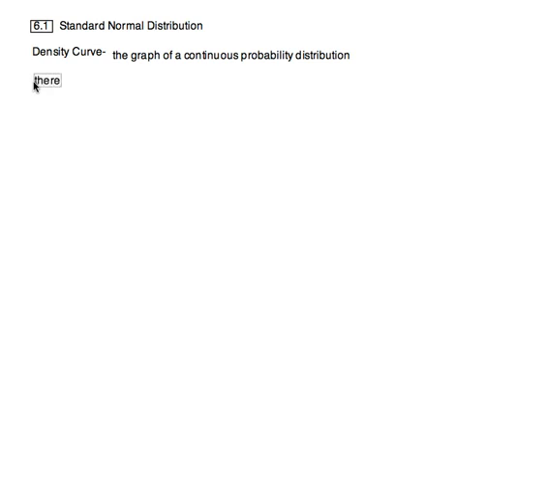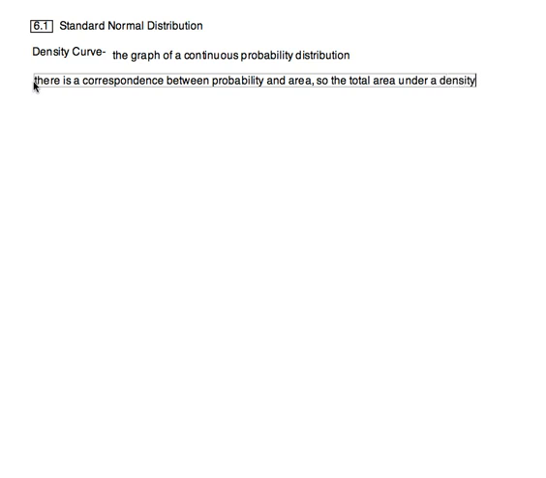So let's type that out. All right, there we go. So total area under a density curve has to be 1.